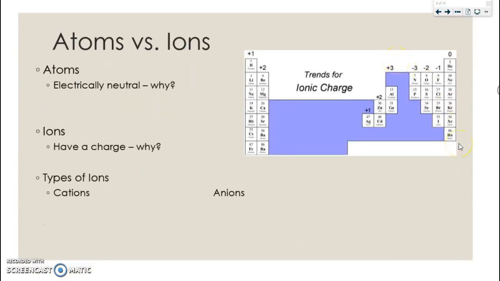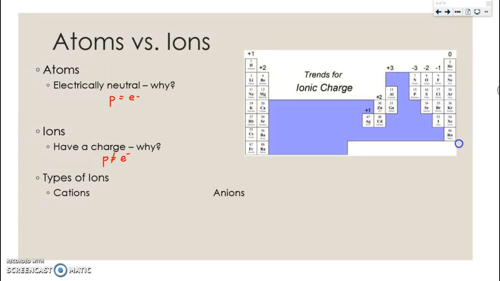Now let's move on and do a quick review of atoms versus ions. Atoms are electrically neutral, and that's because the protons equal the electrons. Ions have a charge, and that's because their protons do not equal their electrons. There are 2 major types of ions that we're going to be discussing.